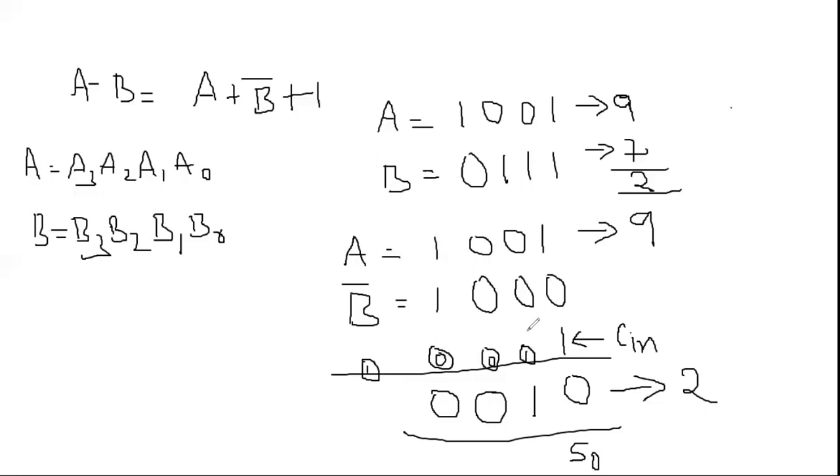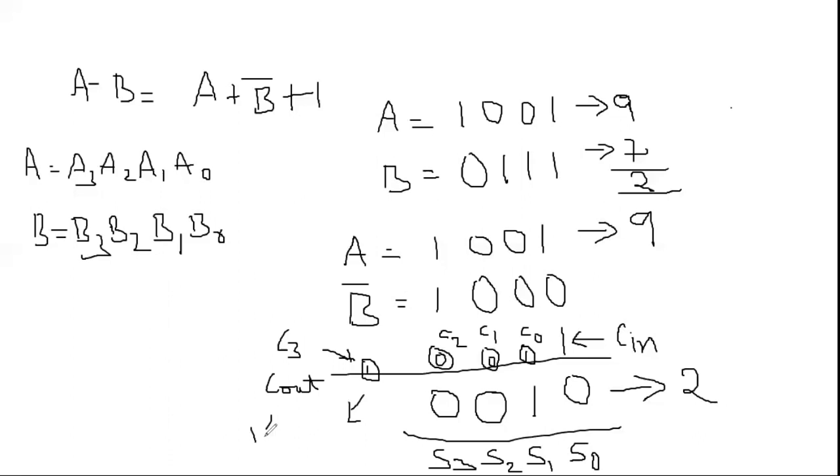Here there is a carry, that carry is C0, and the sum is S1. The carry here is C1, and the sum is S2. Whatever carry is here is C2, and the sum is S3. The final carry is C3 or Cout. Because we are performing the subtraction operation, we ignore this carry.